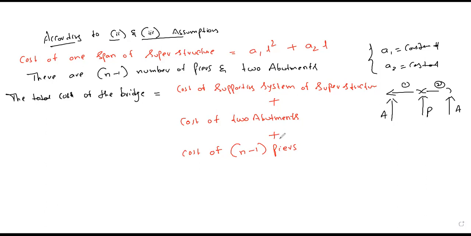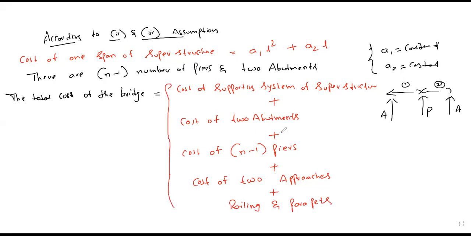That's why cost of 2 abutments plus cost of n minus 1 piers plus, how many approaches we have? 2 approaches. So cost of 2 approaches plus what else gets added in the total cost of the bridge? Railing and parapets. Understand?